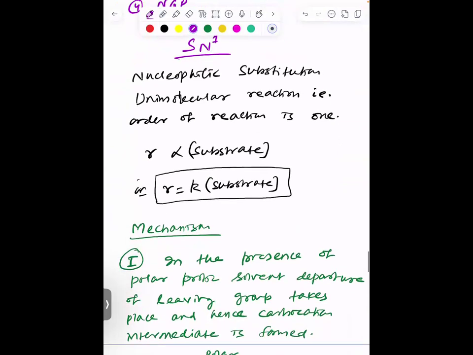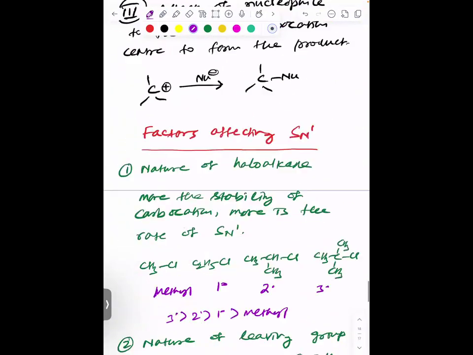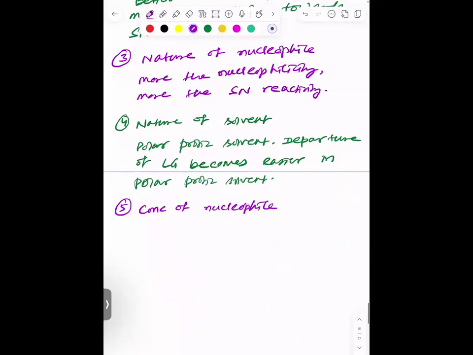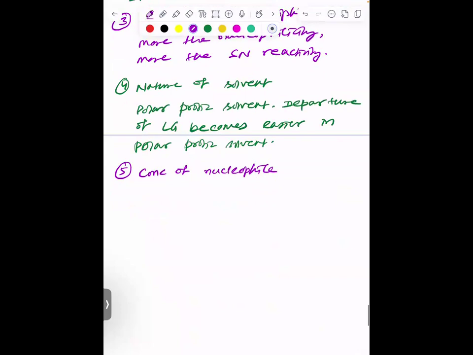Okay, because the nucleophile is not present in the slow step or rate determining step. So constant nucleophile, no change.